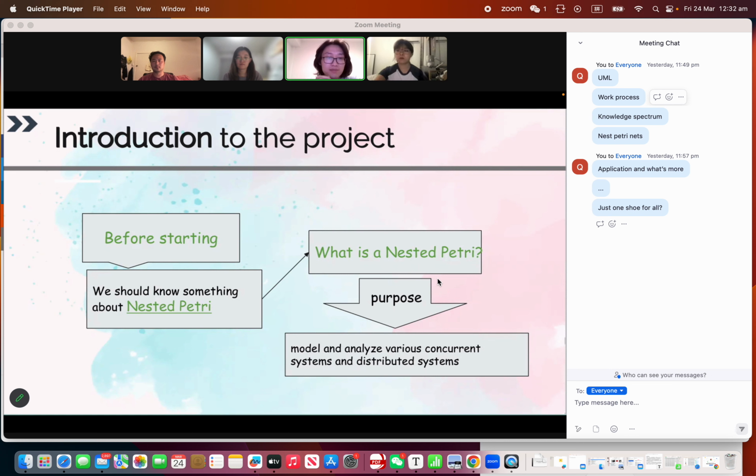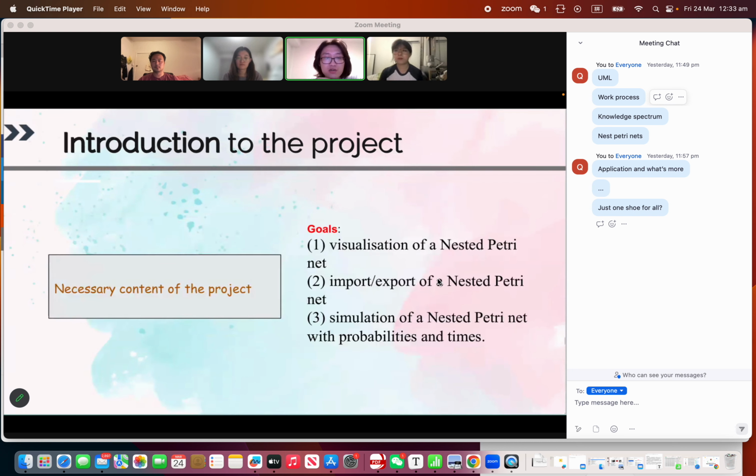Now, on to the project goals. The first goal is initialization of nested Petri nets. This involves creating a user-friendly interface that can display a Petri net and its hierarchy in a clear way.